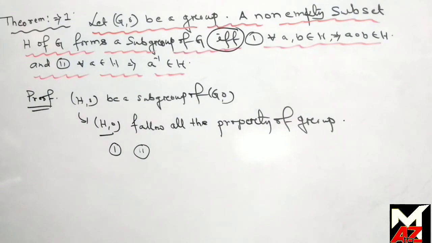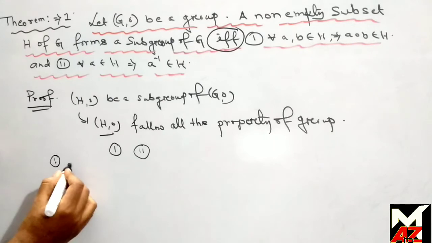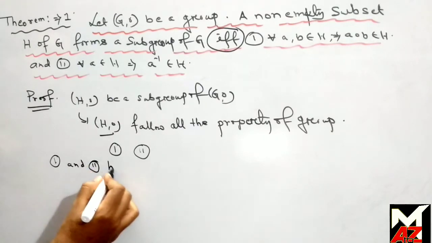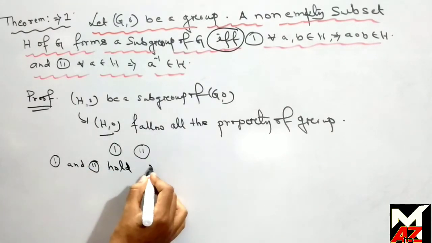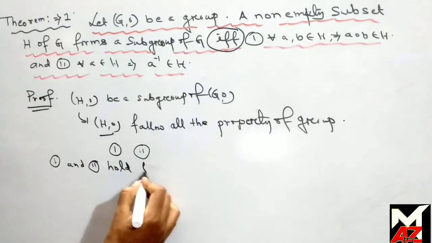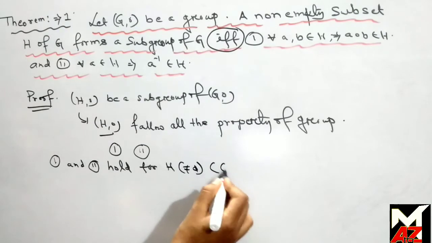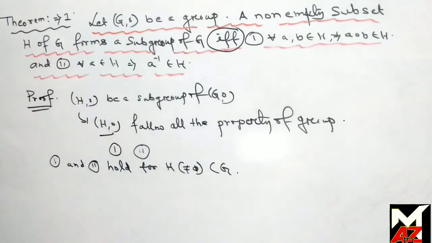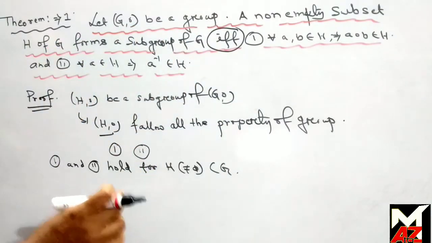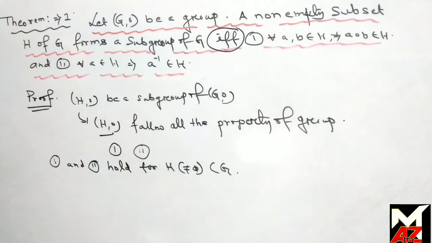Now conversely, let 1 and 2 hold for a non-empty subset H of G. We have to prove, using first and second, that H follows all the four properties of a group.